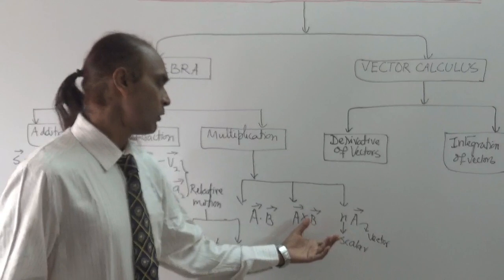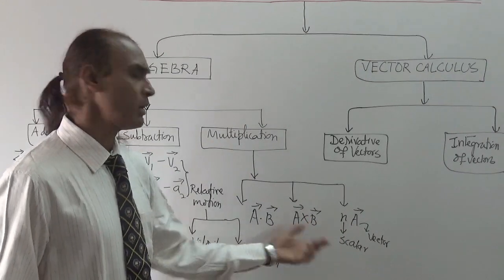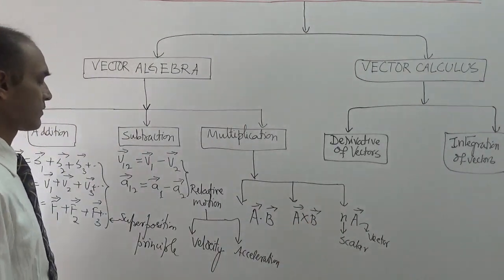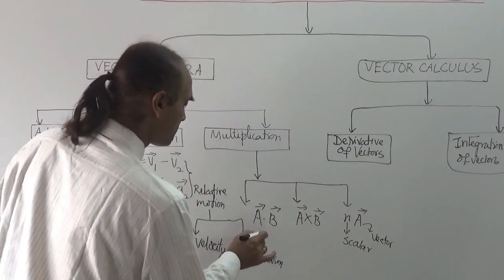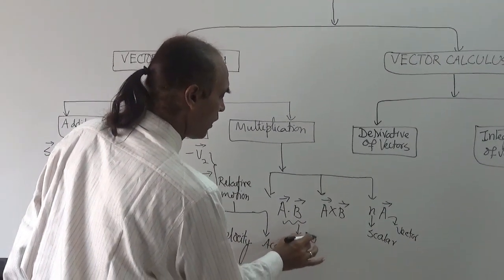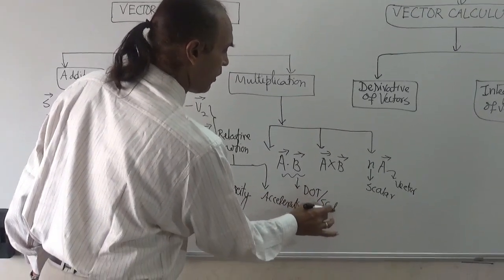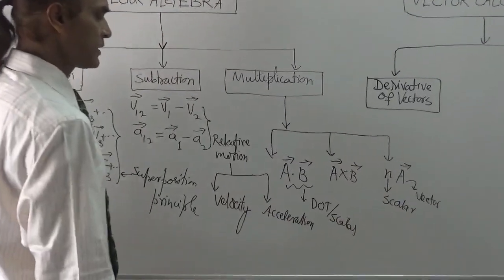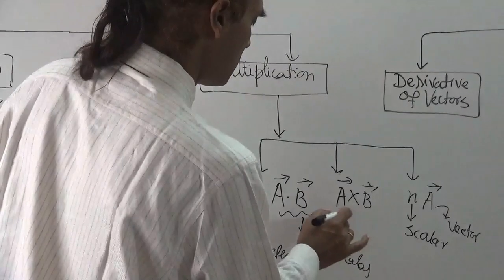All this will be discussed in detail one by one. This is dot or scalar multiplication.